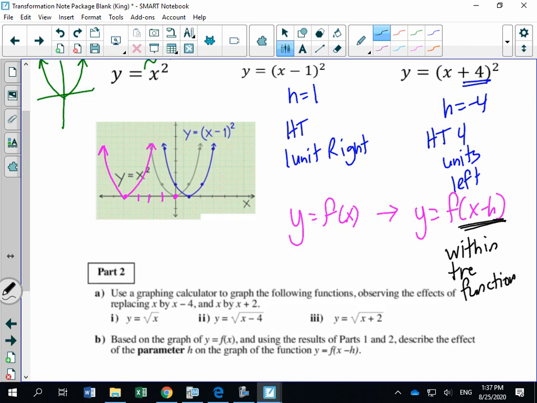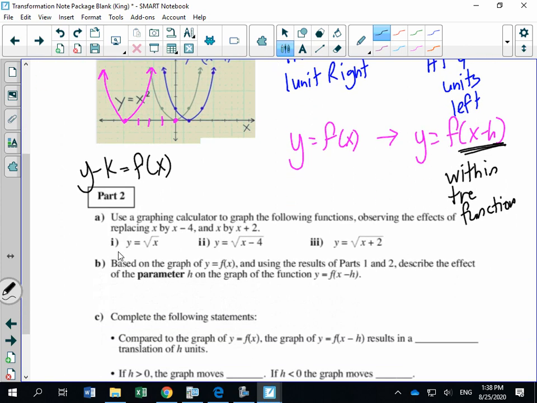Because I took that bracket of x and I'm putting within that function that h value. When we did the k value, so y minus k is equal to f of x, that k value is actually outside of the function. So the h value is within the function and the k value is outside of our function. Okay?